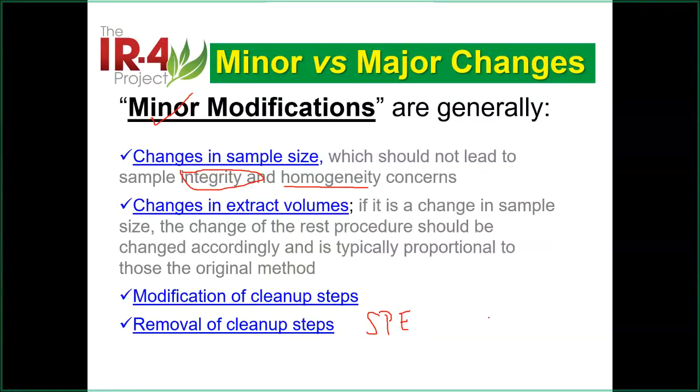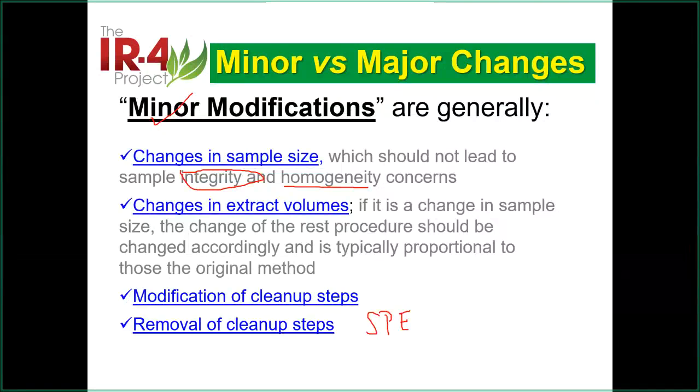You put something like activated charcoal to remove some color or some other thing, as long as your chemical is not affected. Or you add another step, a dSPE, which can do more removal of interferences. Sometimes you do two different types of SPE, which is different from the method.